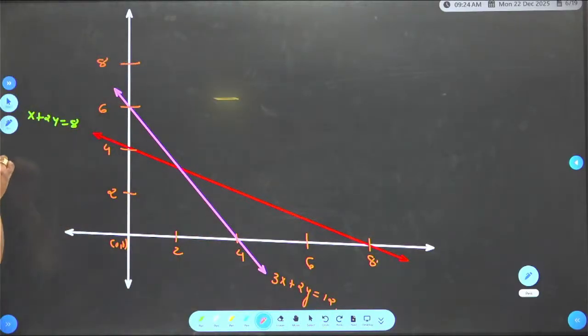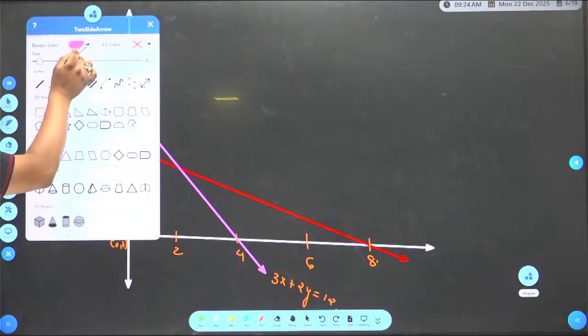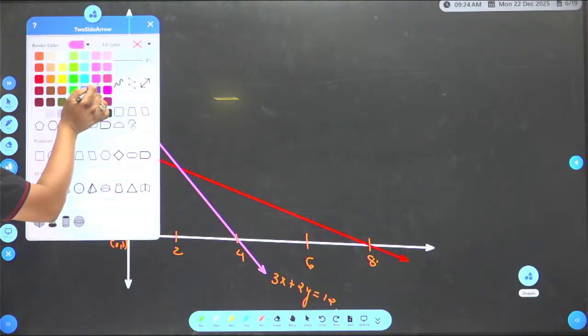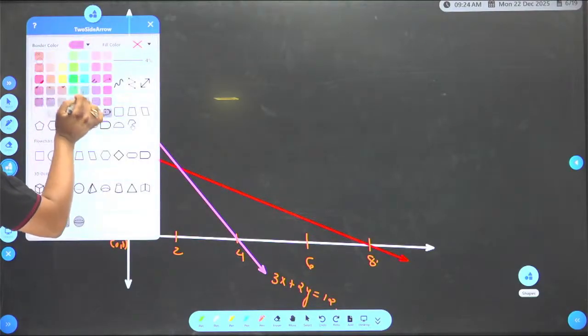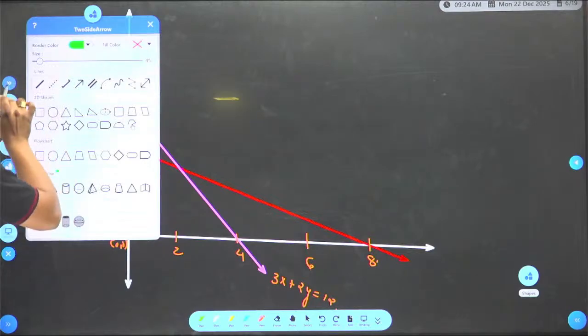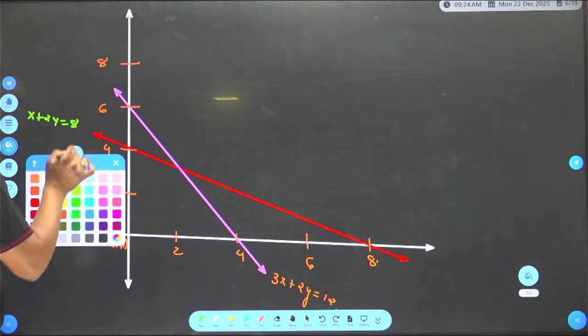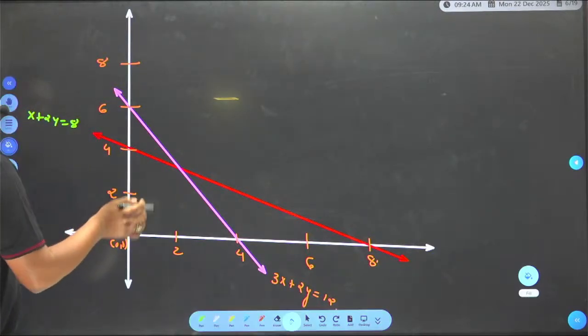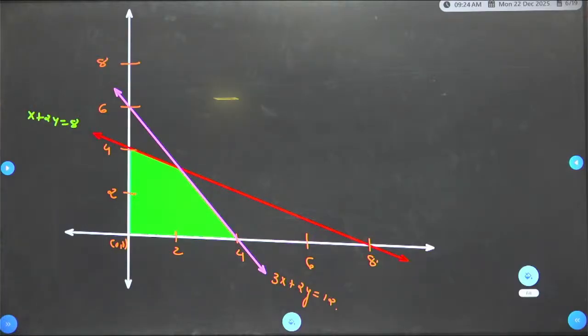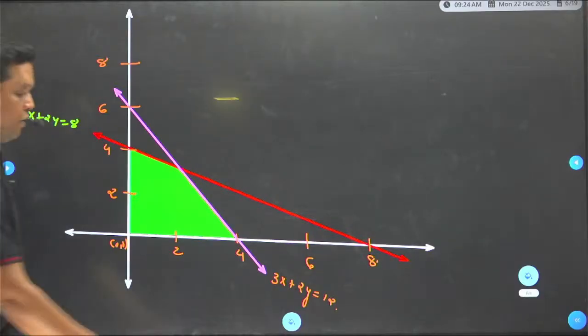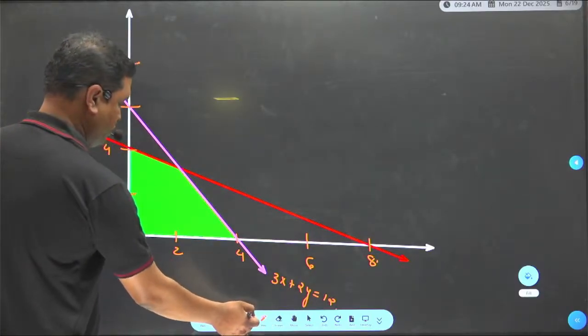So now, area of the graph. This one is the area. Now corner point is what?